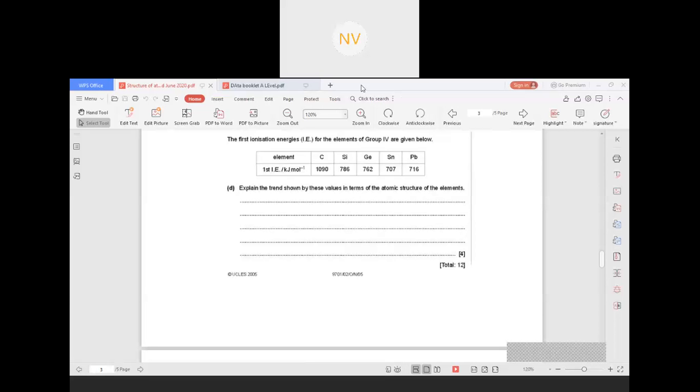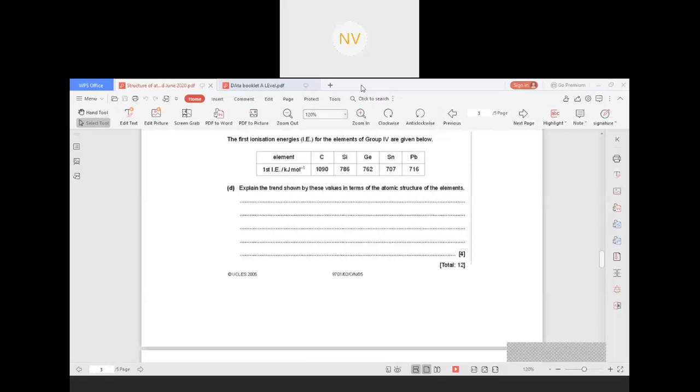How do you relate the shielding effect? There has to be the word shielding effect, because for 4 marks, the A level examiner will look only for keywords. What is the shielding effect? Nuclear charge, atomic radius, and electron shell.